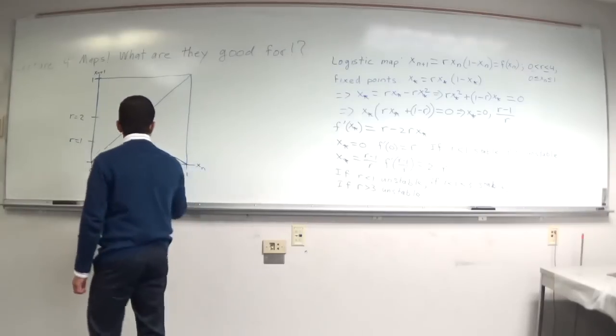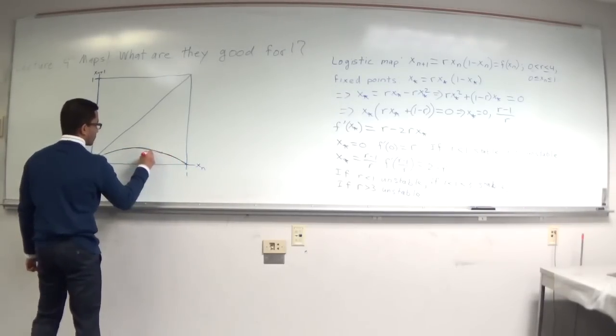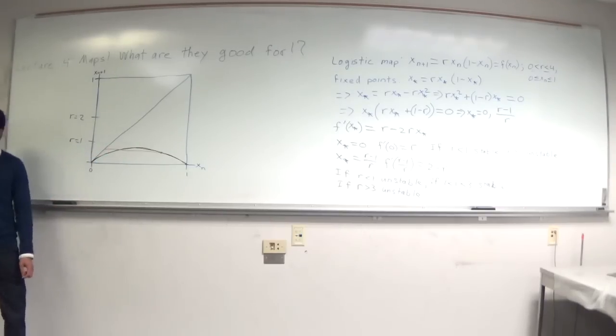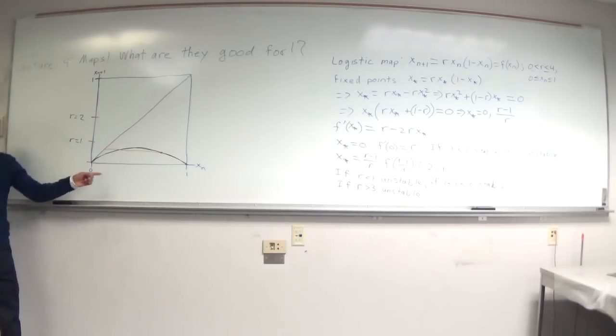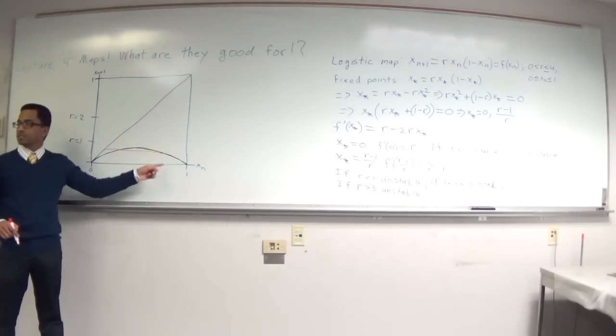So we're going to go from here to our new xn. This is going to be our x1, but now our f of x1, so here it's f of x naught. That's x1.